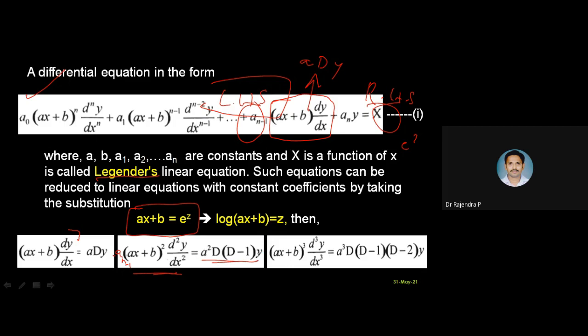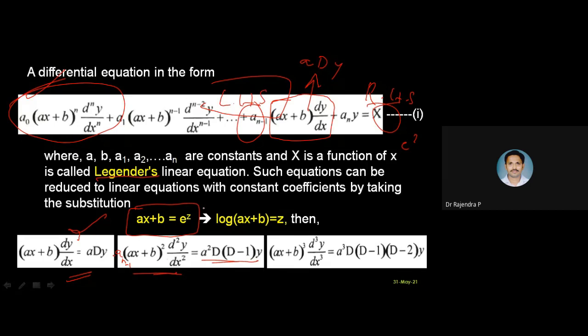How do we get those results? With the derivations, but you need not write all those derivations. I showed you how you got a into D y. Similarly, if you go for second order, third order, fourth order, we will get all those derivations up to nth order. We are not going up to nth order, maximum we will take third order. That is the reason I took all the substitutions.